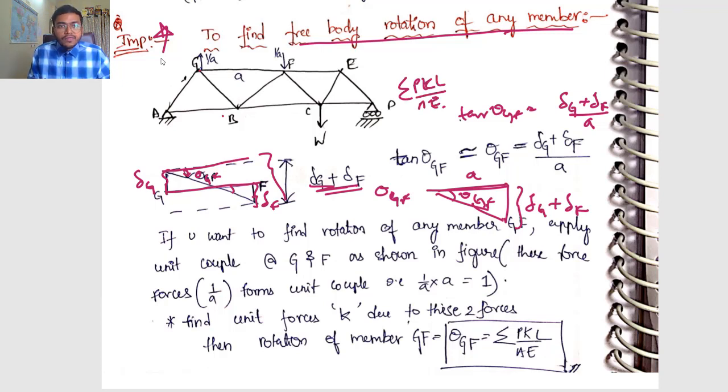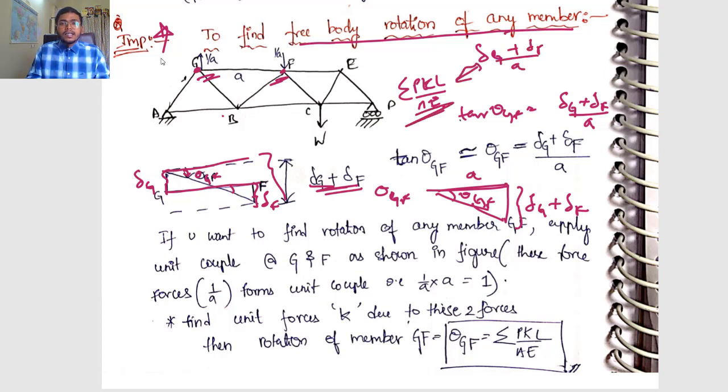You can find the deflection at point G and point F individually, and then apply delta G plus delta F by A. Both ways you can do.